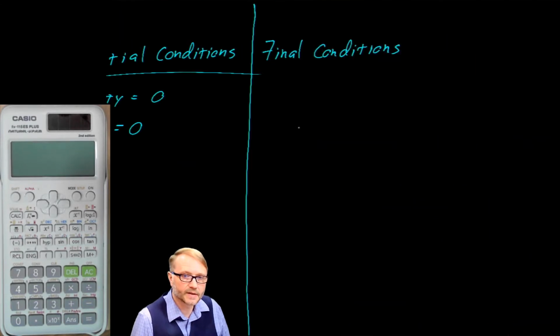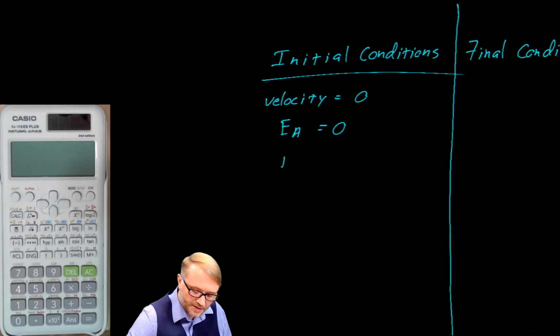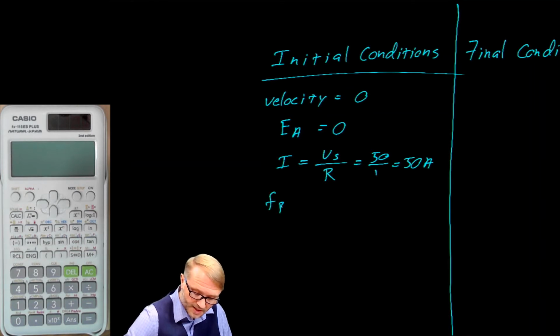When we go back here, we can talk about the current. That current will equal the battery voltage, so that's volt source divided by the resistance. In this case, it's 50 divided by 1, so that's 50 amps. The force on the bar will equal B by the current by the length.